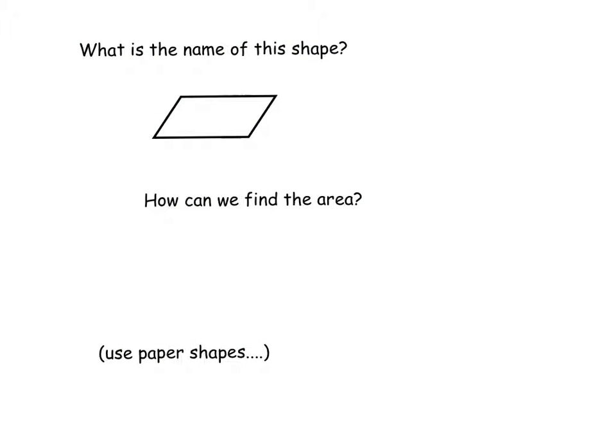Alright, if you were in class, I would ask you to tell me the name of this shape. But I will just tell you. This is a parallelogram. So a parallelogram has opposite sides that are the same length and opposite sides that are parallel.